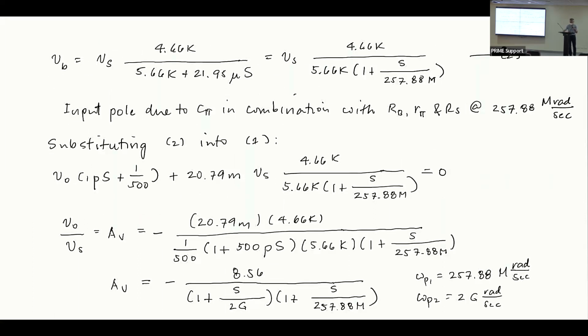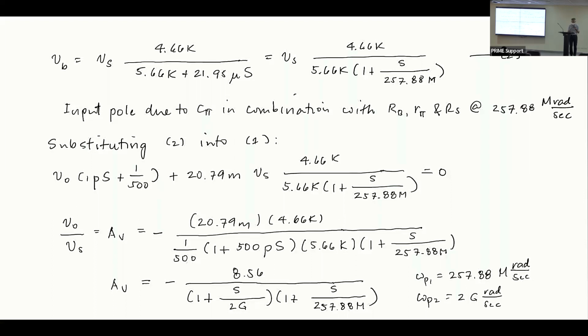Why I wanted to simplify this is this. Notice that this is an expression for your base to emitter voltage as a function of your source. Knowing your source, you can get your base to emitter voltage.